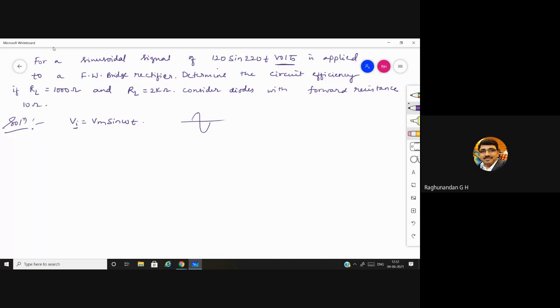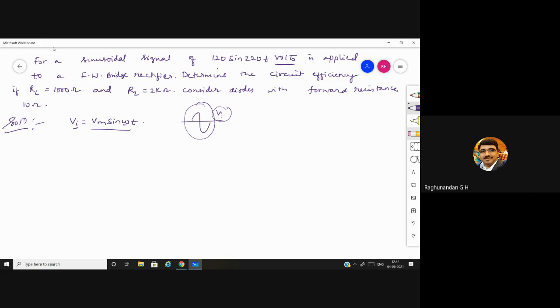In this Vi, we have the peak voltage, the sine wave, and omega tells the frequency. Finally, this entire thing is represented by Vi, and this equation represents this waveform.